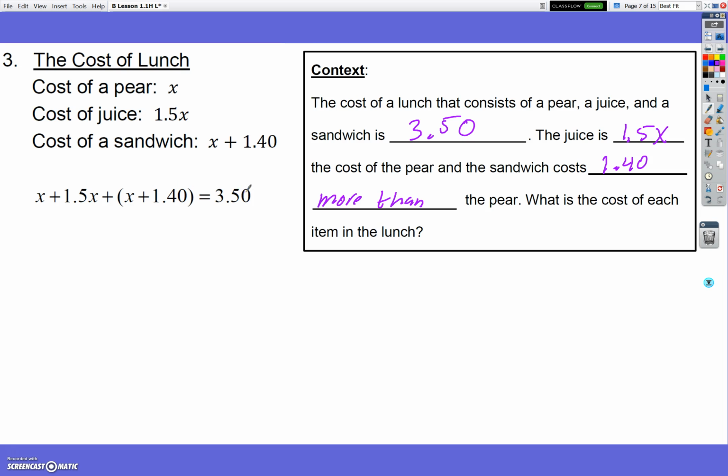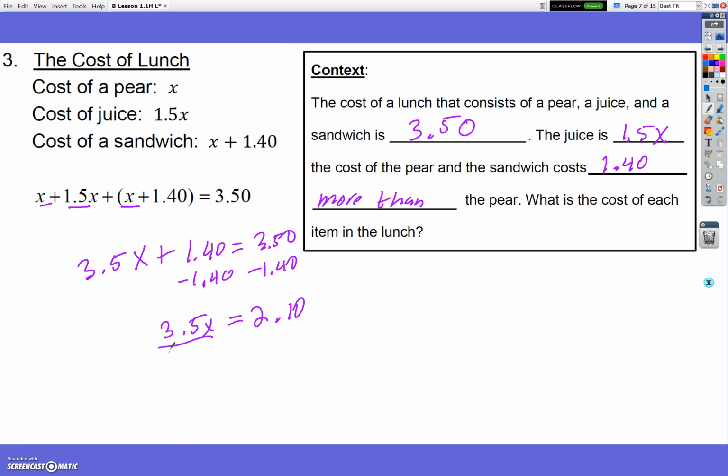So now when I have this, I can combine all my like terms. x plus 1.5x plus x is 3.5x plus $1.40 is equal to $3.50. From there I would subtract $1.40 to give us 3.5x equals $2.10.